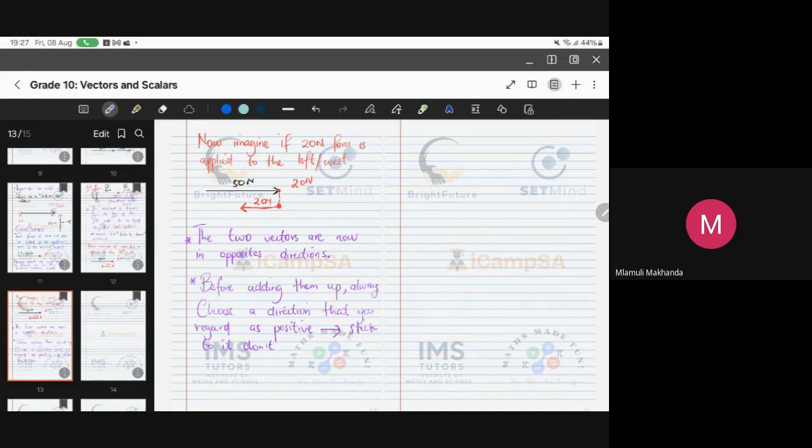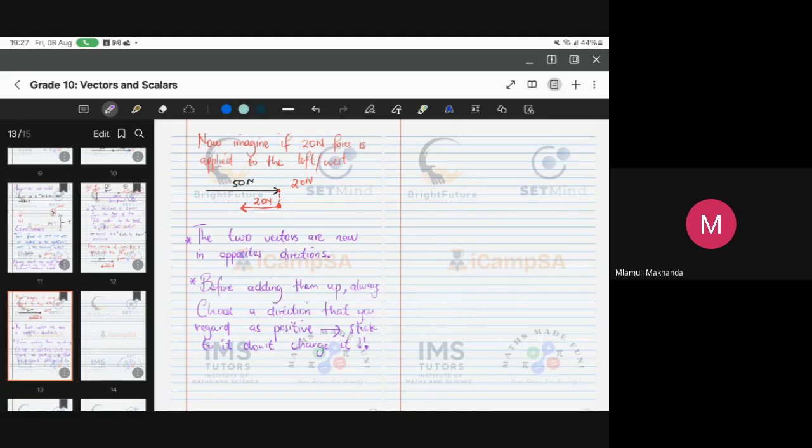How do you choose this direction? You choose it randomly. You don't care really. If you feel like today you want to choose right as positive, that's up to you. If you want to choose left as positive, that's up to you. What I usually do to make my life easy, in this case, let's make this case an example, I know that the 50N vector has a greater magnitude than the 20N one.